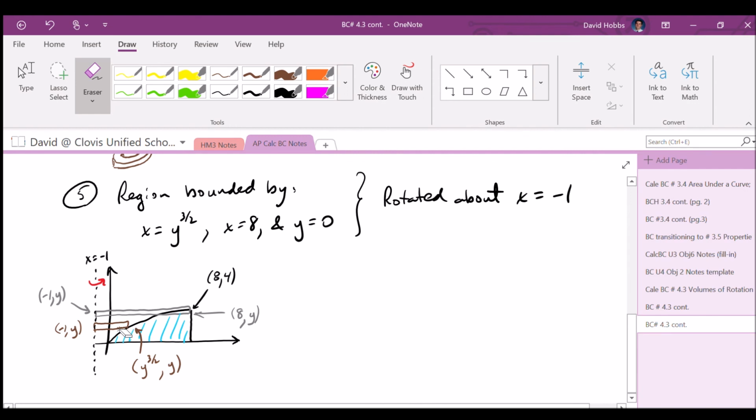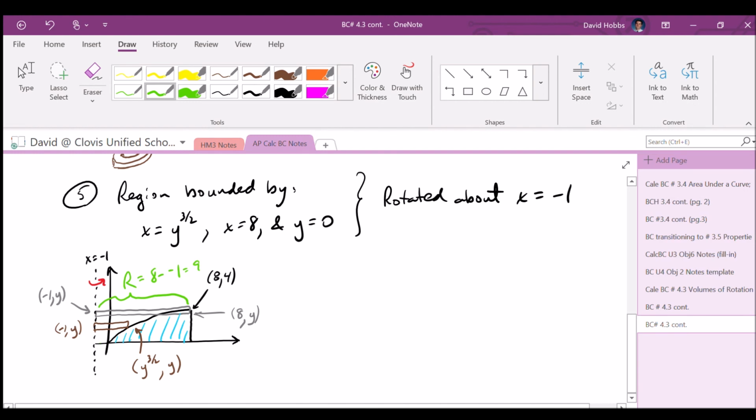This is that washer method kind of thing. So my big R is right side minus left side, so 8 minus negative 1, which is 9.